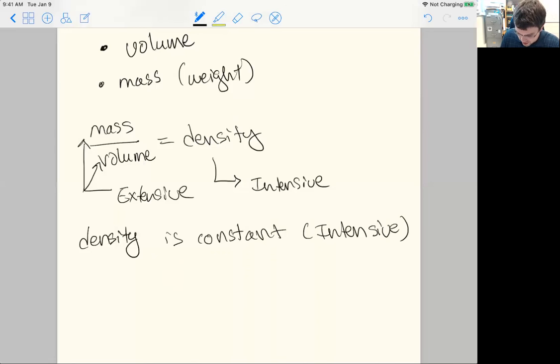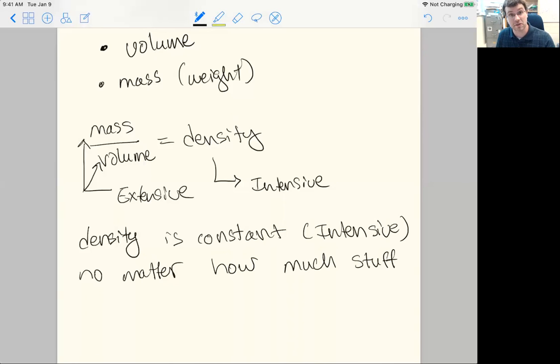Density is constant no matter how much stuff we have. We can't force, again, under standard conditions, all right? If you change pressure and temperature, everything's out the window here, but the density is constant with the amount of stuff that you have. So if you started with some starting mass and you increase that mass, we know that mass is an extensive physical property.